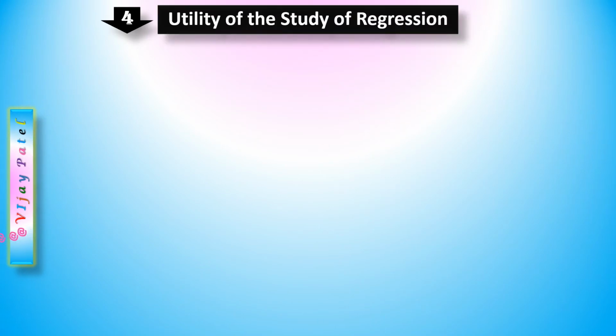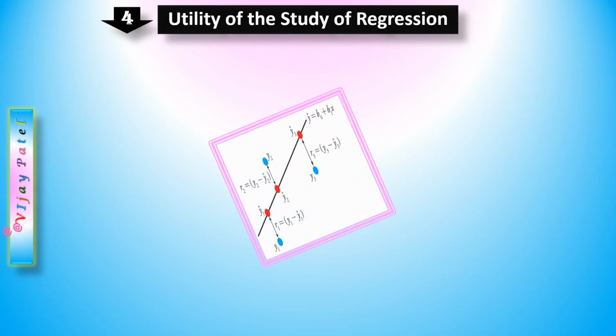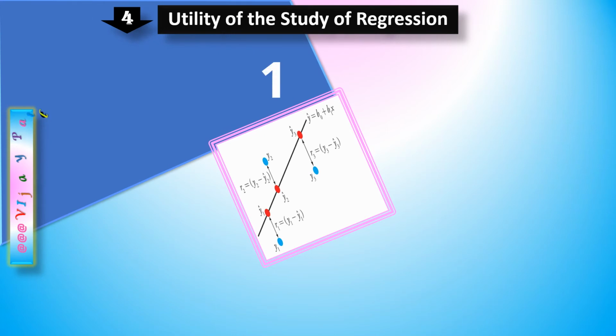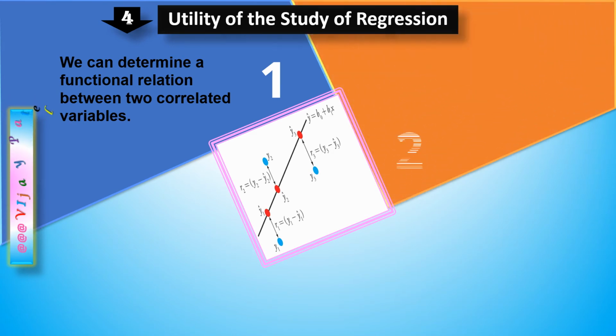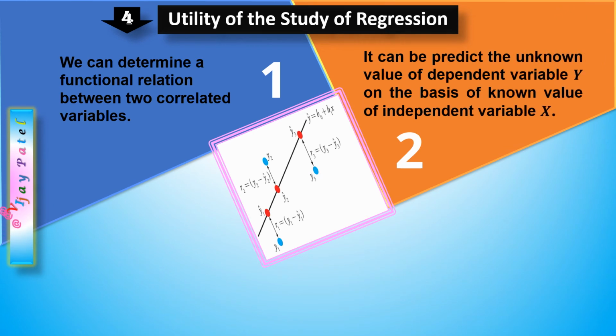Fourth point of this chapter, utility of the study of regression. First point, we can determine a functional relation between two correlated variables. Second point, we can predict the unknown value of dependent variable y on the basis of known value of independent variable x.